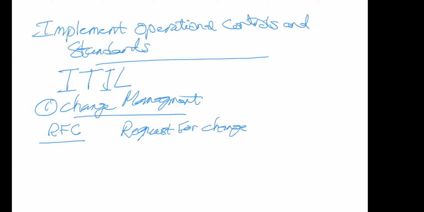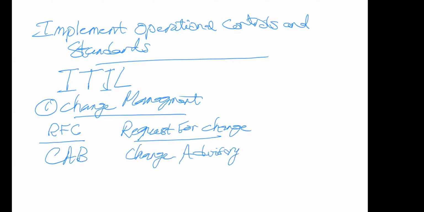And I have to submit this request for a change to something called CAB. CAB, this is Change Advisory Board. Change Advisory Board, it is a board which has a representative from each department. From each department, we have a representative in this CAB.